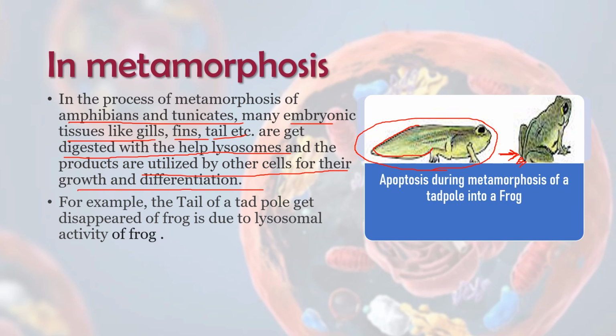This tail of the tadpole is digested by lysosomes, and the nutrients from the digested part are taken up by other cells for the growth of the frog.